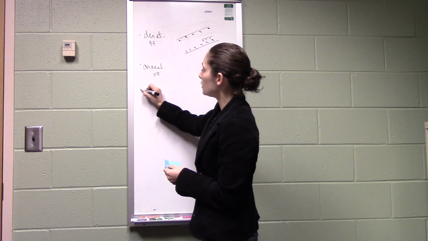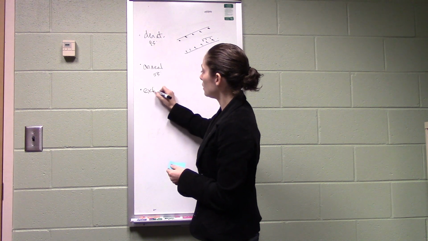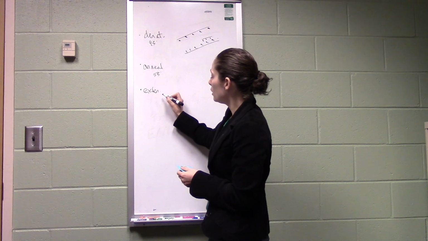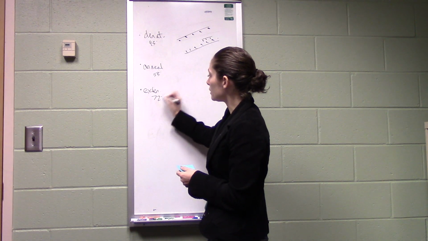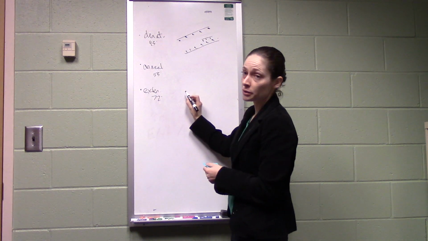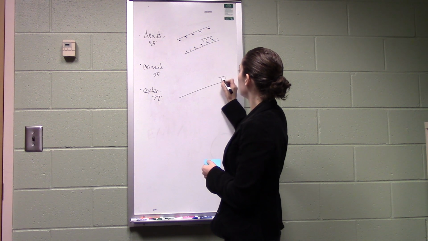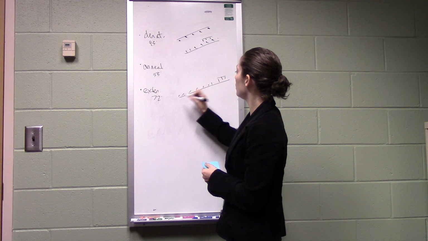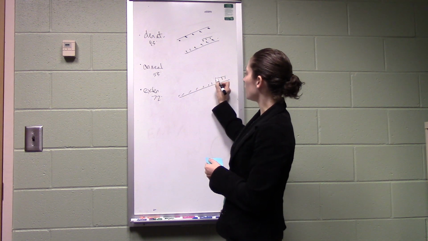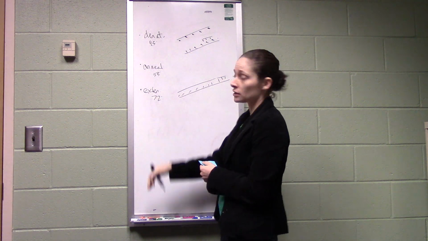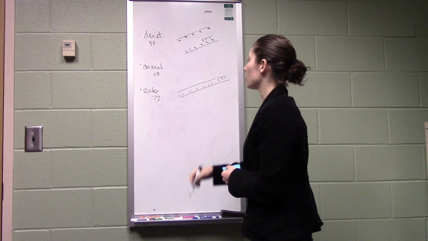Okay, so after the annealing step comes the extension step, and that happens at about 72 degrees because that's where polymerase functions really well. So for that, right, you have your primer bound, and it can extend onwards until it falls off the end of the DNA, basically. Okay?